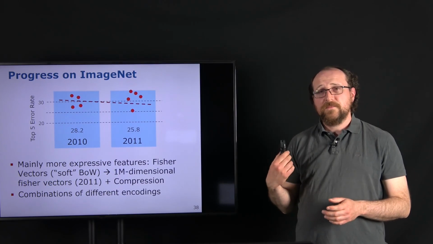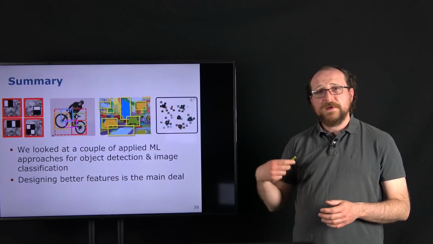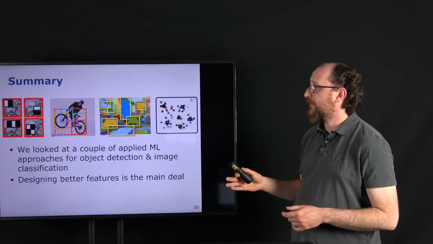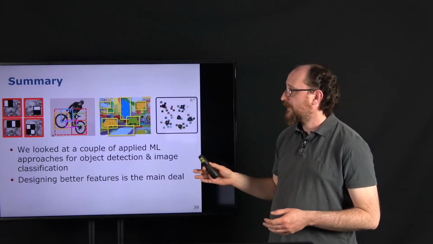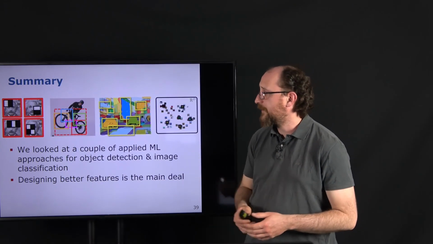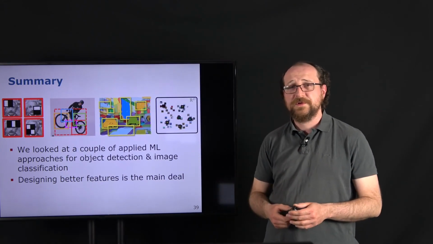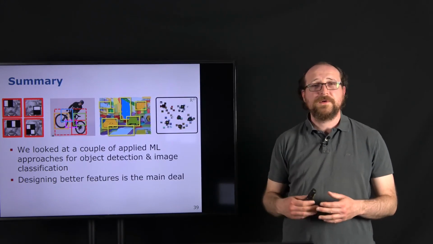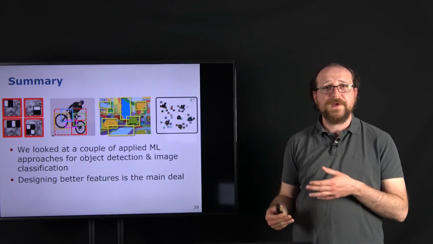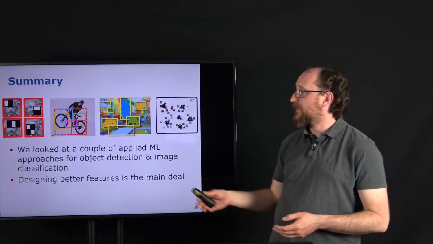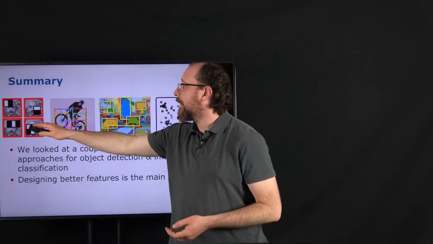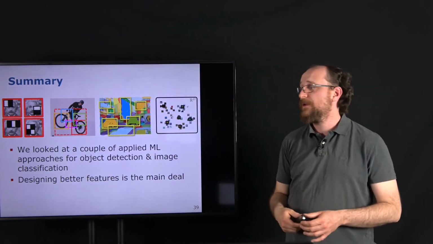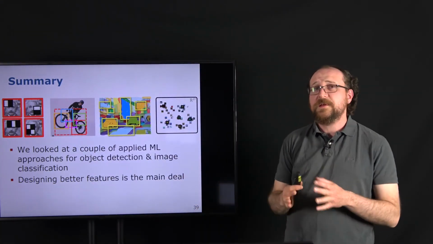So, with this, I come to an end, and here I summarized what we covered. Basically, we looked at a couple of applied machine learning approaches for object detection and image classification, and the main part here was to design more complex features. In the beginning we had very simple features which were quite powerful, but restricted maybe to face detection or single object detection.